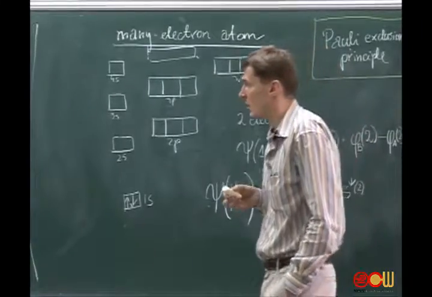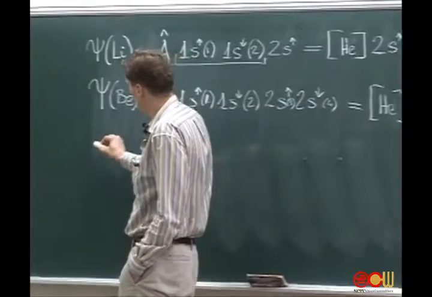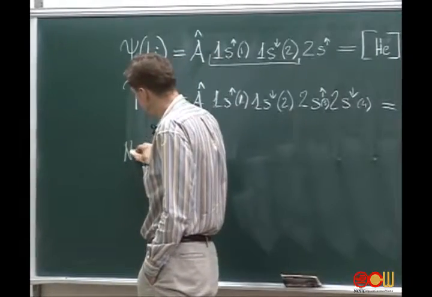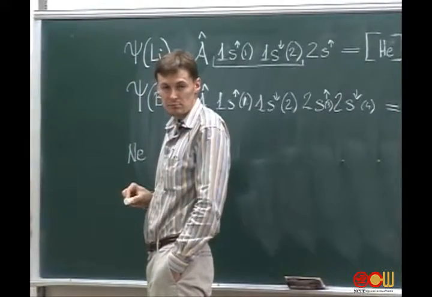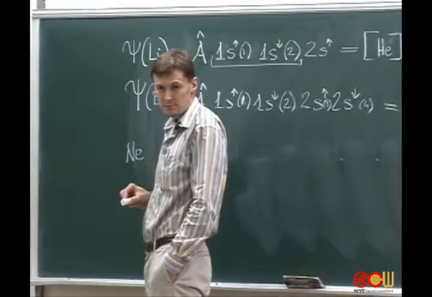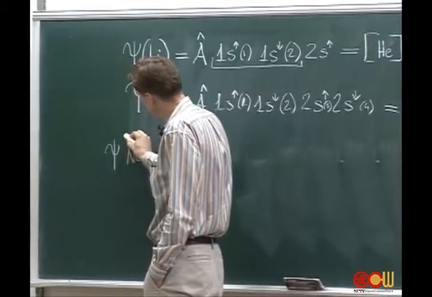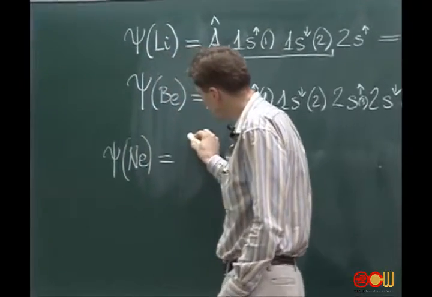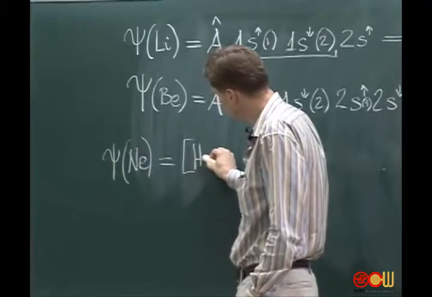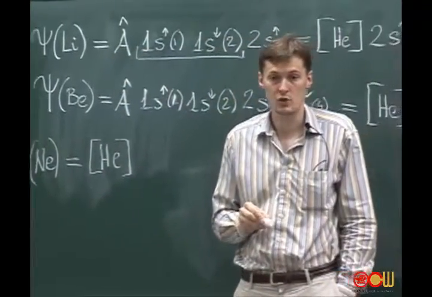Okay, let's do another example. Let's take neon. Neon has 10 electrons. So what can I start to write with for neon? I start with helium, of course. Helium gives me 2 electrons.